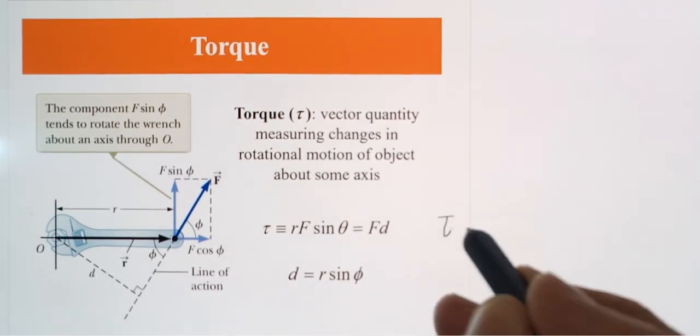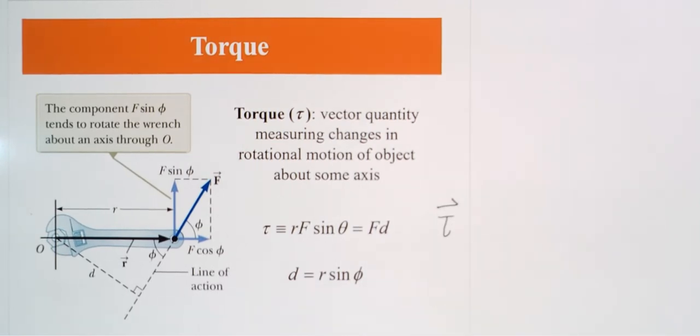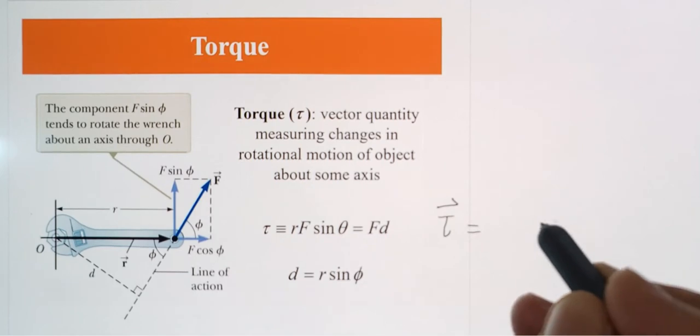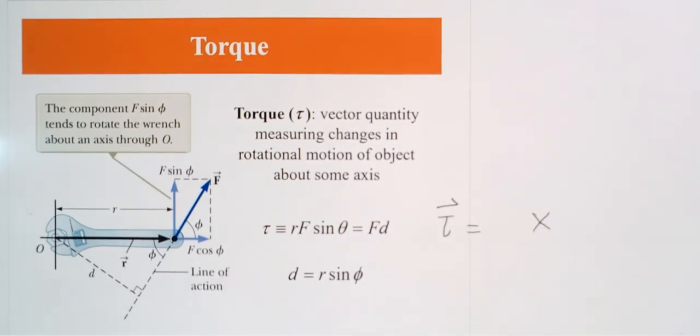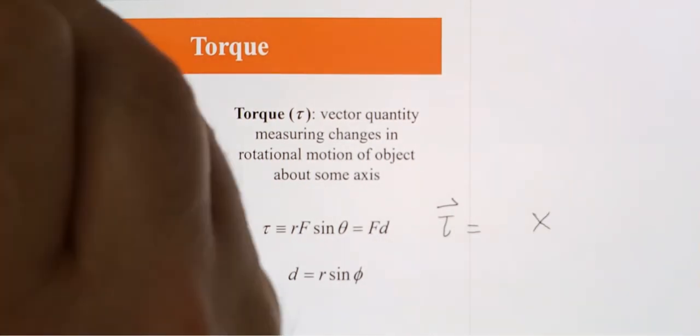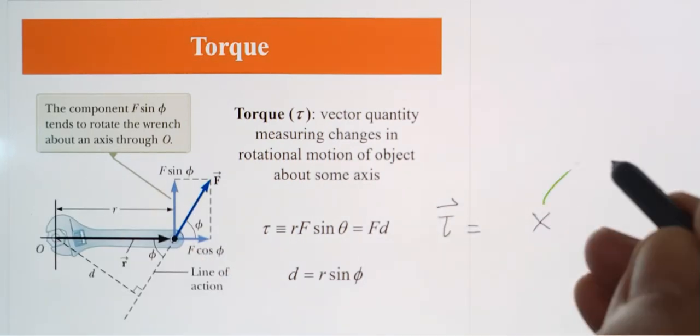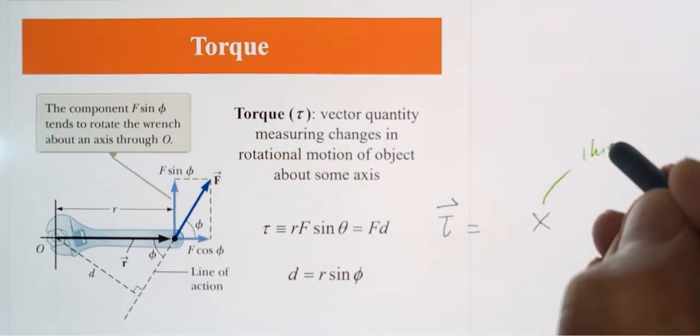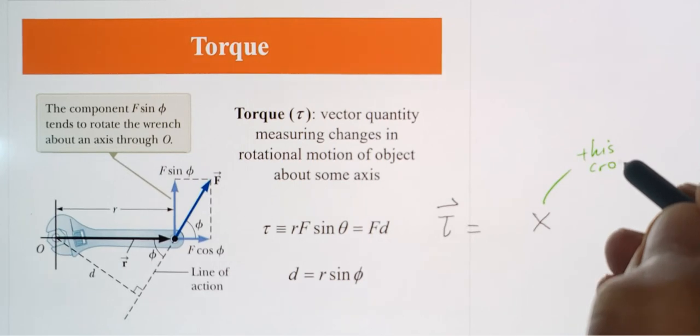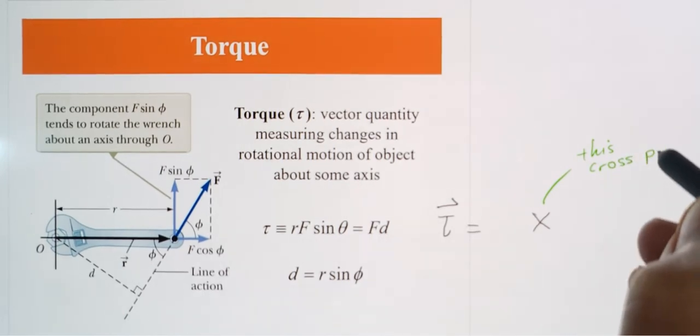Torque, first of all, is a vector. Torque is a vector, and it is a cross product. So pay attention, everyone. This is a cross product.